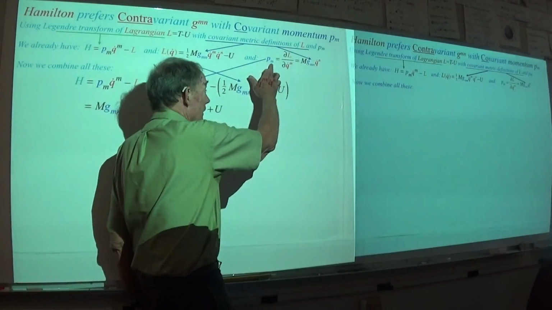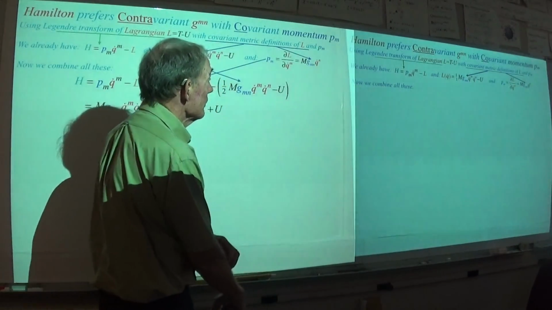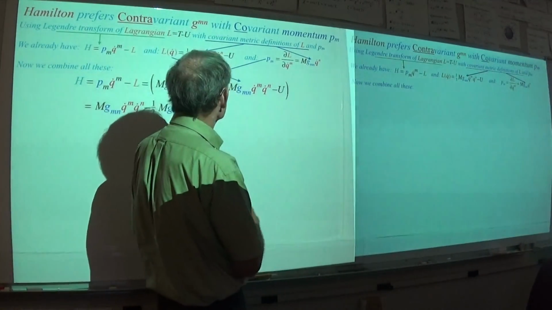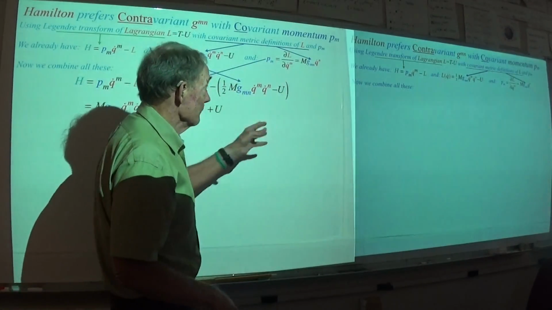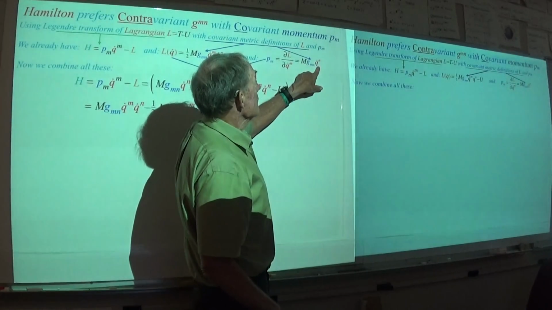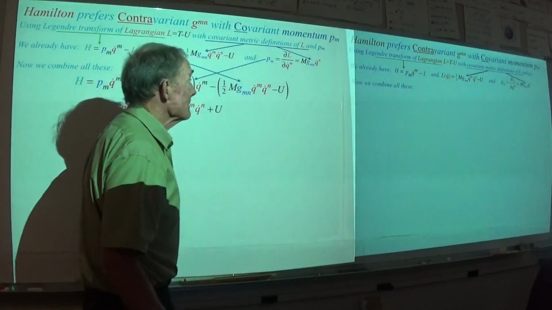P, momentum, is the partial of L with respect to Q dot. That's Lagrange's first equation. And then we take the L and differentiate it with respect to the velocity, and that reduces this quadratic form to a single linear equation involving the velocity, Q dot.